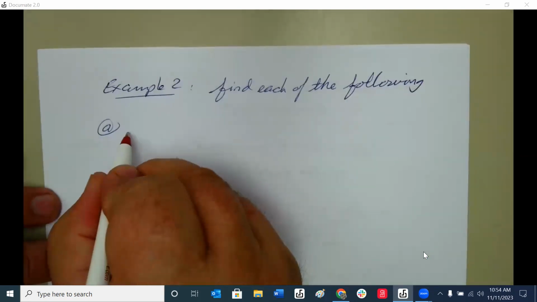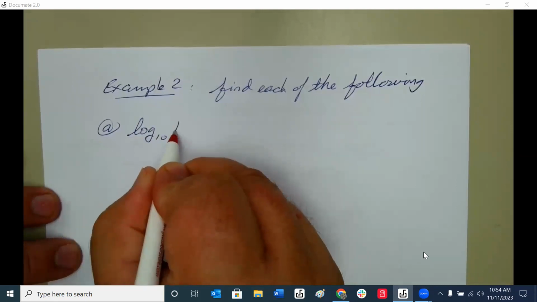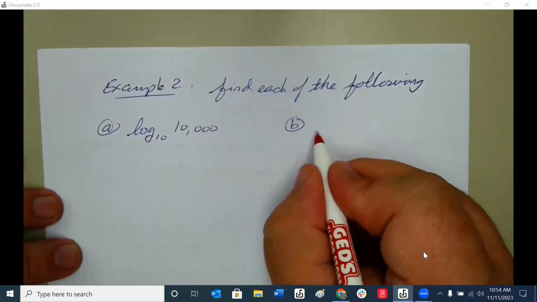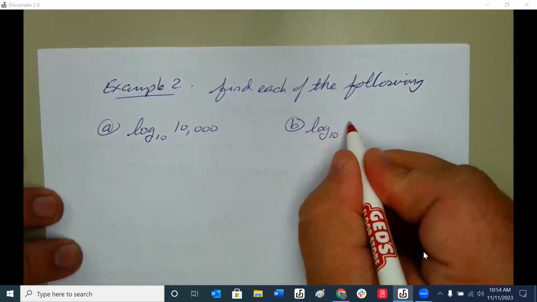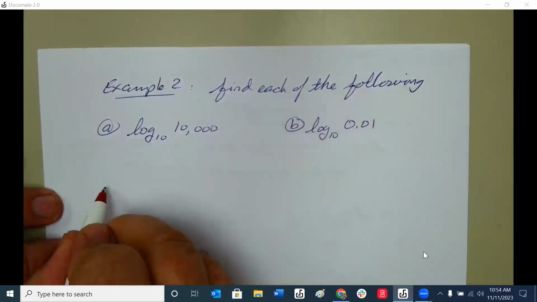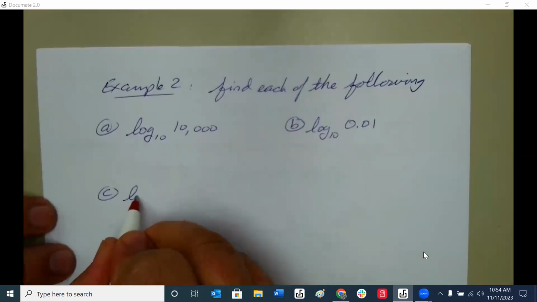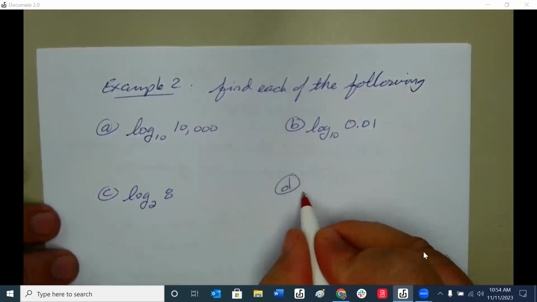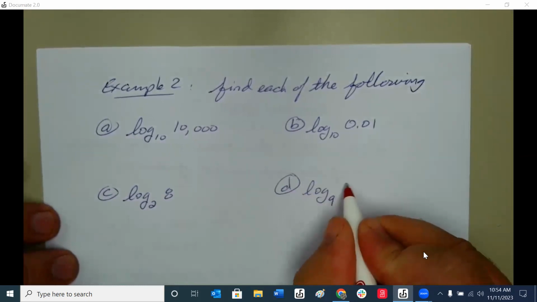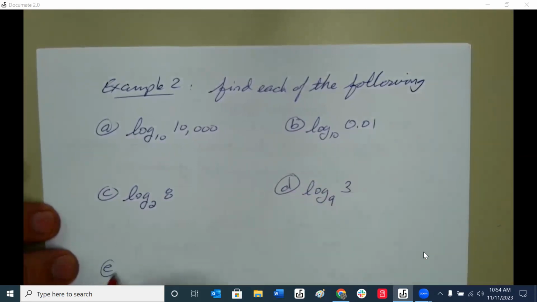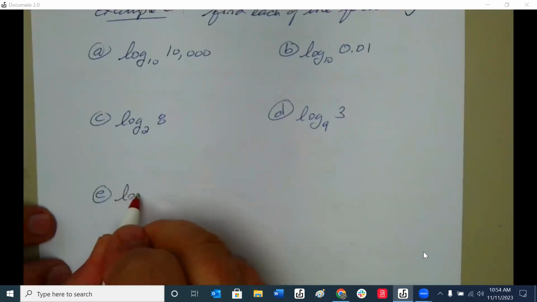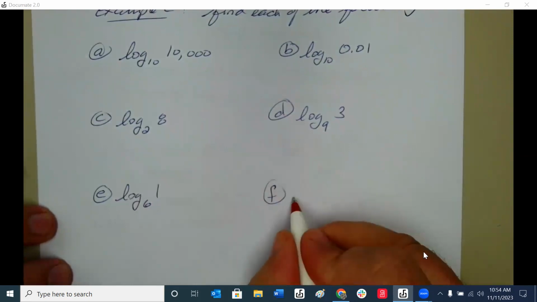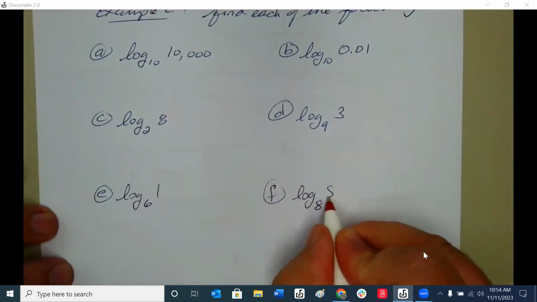So A, we have log base 10 of 10,000. B, we have log base 10 of 0.01. Log base 2 of 8. Log base 9 of 3. Log base 6 of 1. And log base 8 of 8.